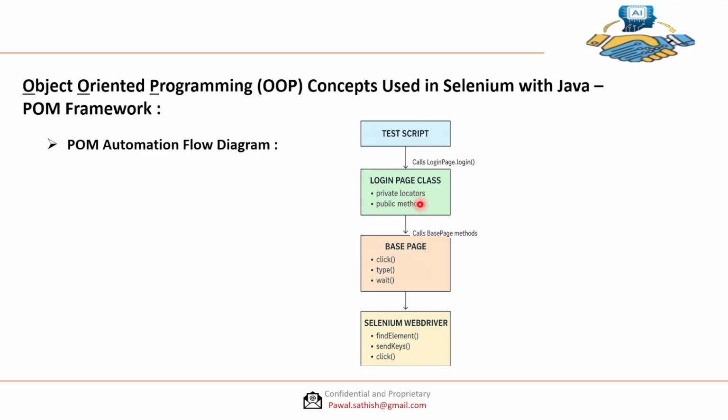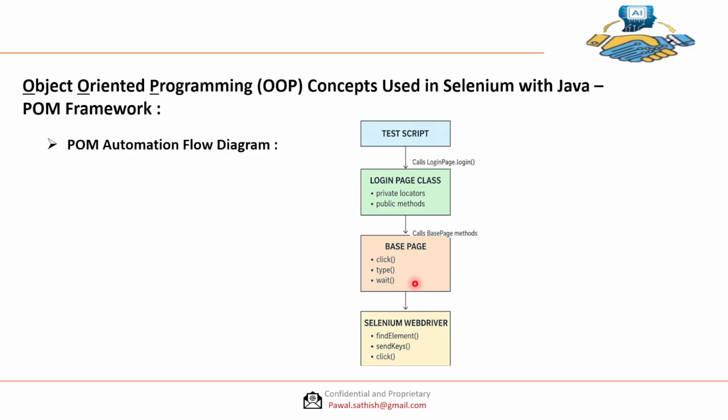Then the login page internally calls the base class, where we have defined click, type, wait, and all these things. The login page class extends the base page or base screen. This is nothing but inheritance. So here we saw encapsulation, and here we saw inheritance. These click methods internally call the locators.